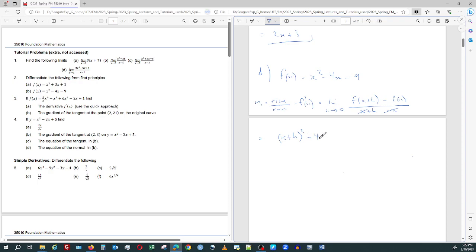Minus 4, put a bracket in for algebra, and minus 9, minus, now put the bracket in just to isolate all those terms, and all that over h, provided you've got an insurance policy.